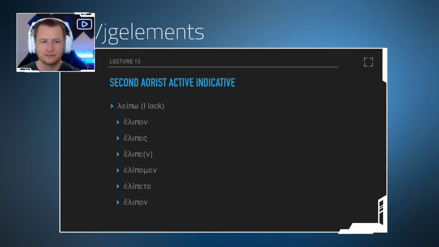And there you have it. So elipon, elipes, elipen, elipomen, elipete, elipon. And there you go. So I lacked, you lacked, he lacked, we lacked, you all lacked, and they lacked.